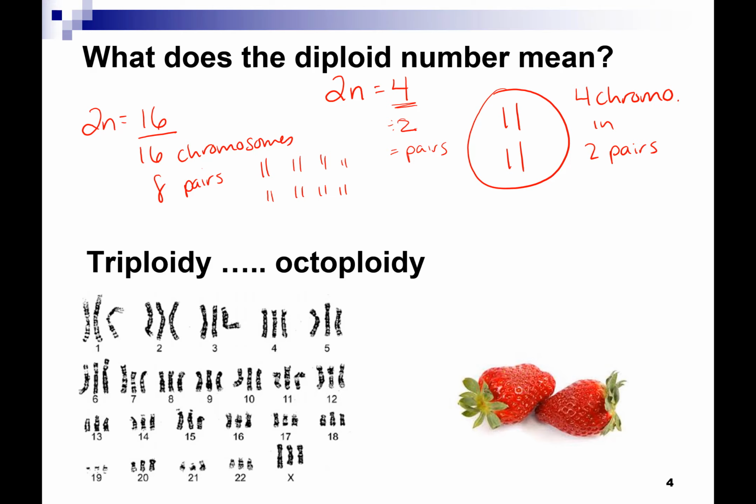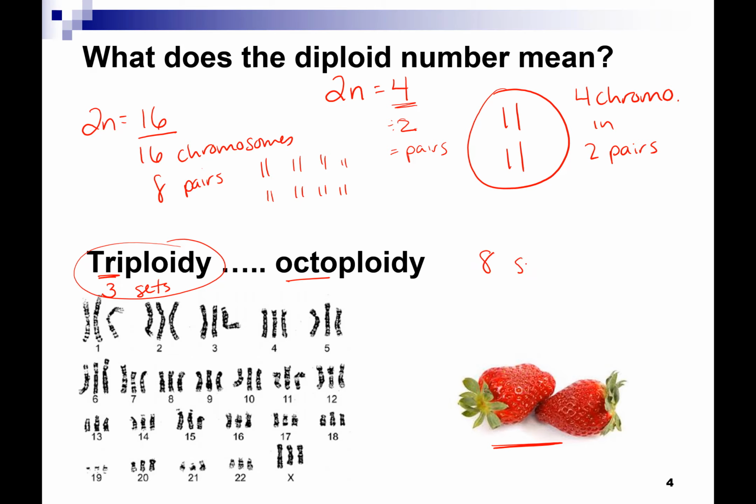Okay. Not all organisms are diploid. Some could be triploid. Tri means 3, so you have 3 sets of every chromosome. This is not viable in humans, but a lot of plants have what we call polyploidy. In fact, most of the strawberries you eat are octoploid.